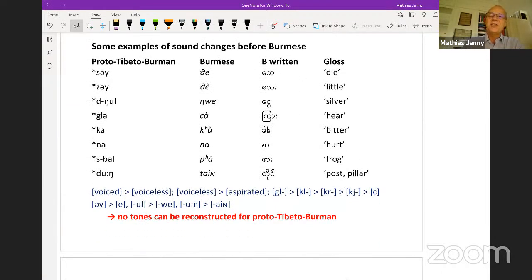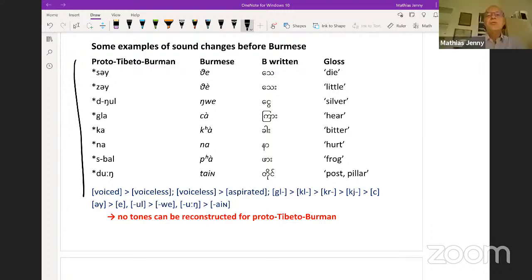Some sound changes that we can reconstruct because we can compare Burmese with other Tibeto-Burman languages like Tibetan, Jingpo, Karen, and so on. Again, on the left side, you have the forms marked with an asterisk, which means we don't have evidence of these. They are reconstructed.